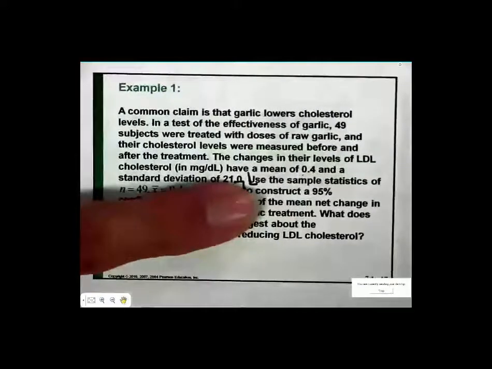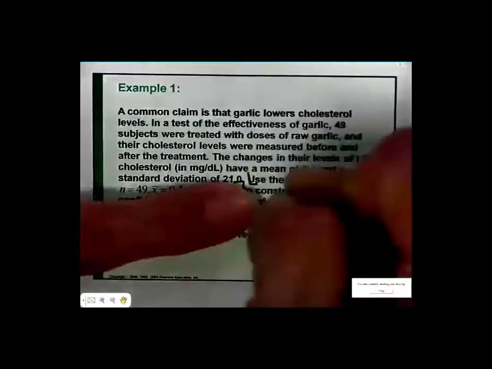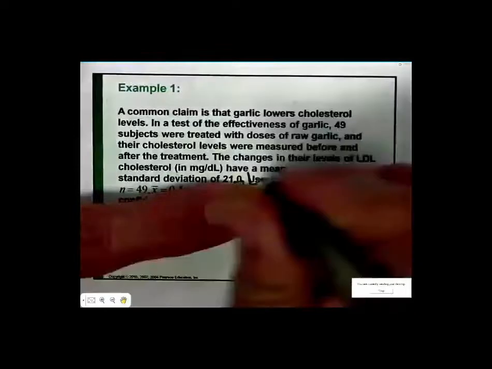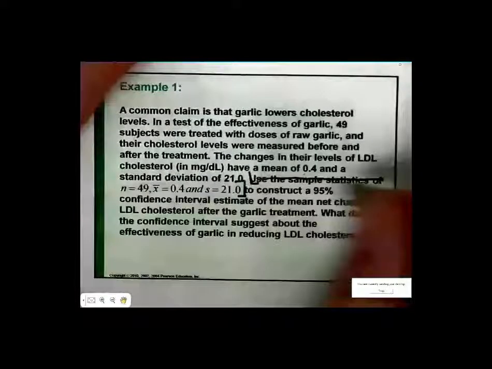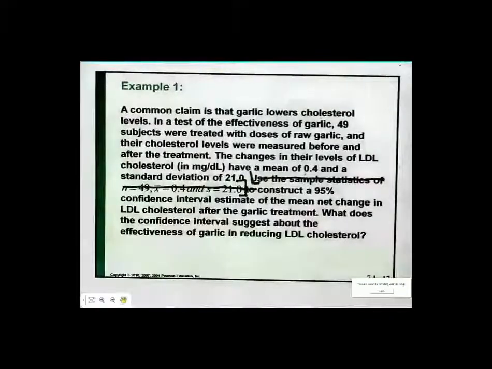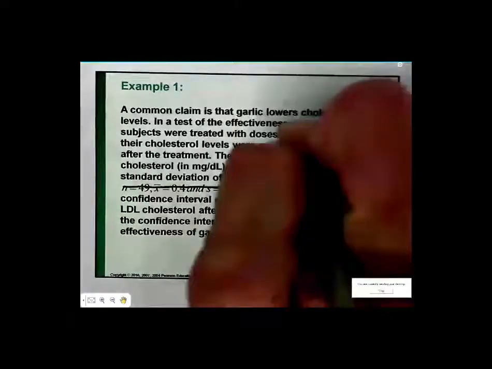That's a clue. It tells you those are sample statistics. What if that wasn't there at all and it just said construct the 95% confidence interval? Well, there's 49 subjects. But here's the key: that pronoun there is talking about the sample, not the population.